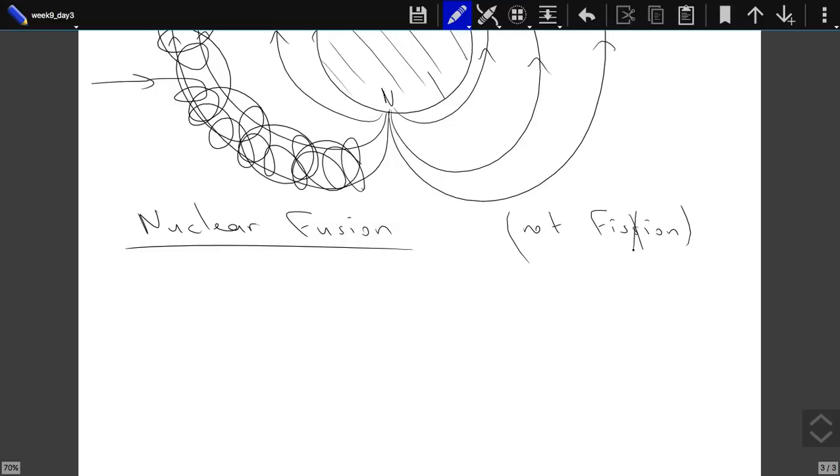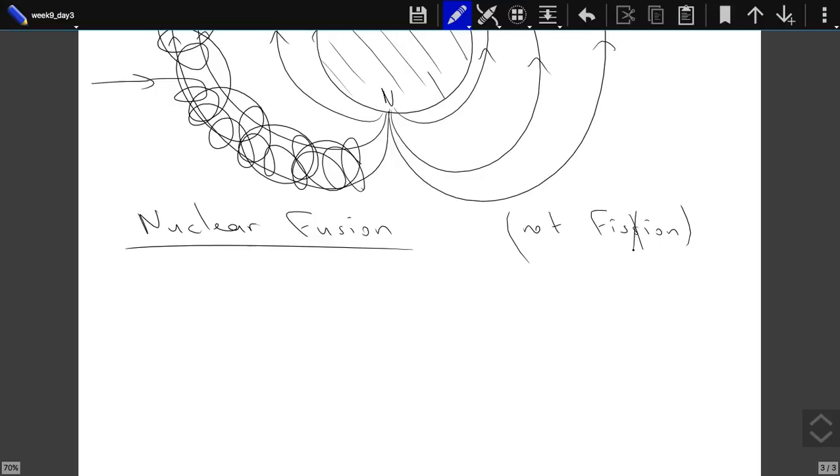So in the sun, under huge pressure, the nuclei are very close to each other, at least at the center. But the problem is there is the electromagnetic repulsion. The nuclei are all positively charged, so you cannot just put them together. They don't want to come together. So you have to heat them up.